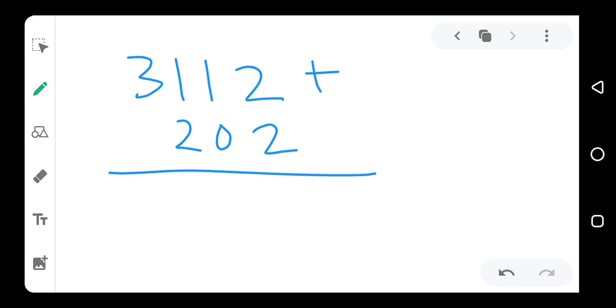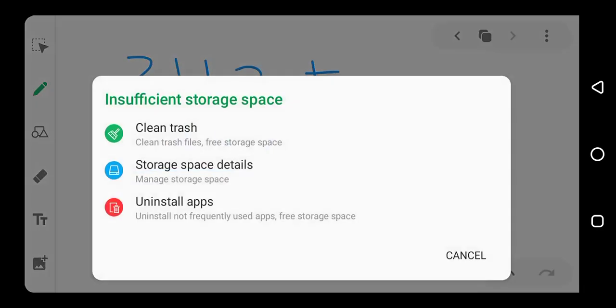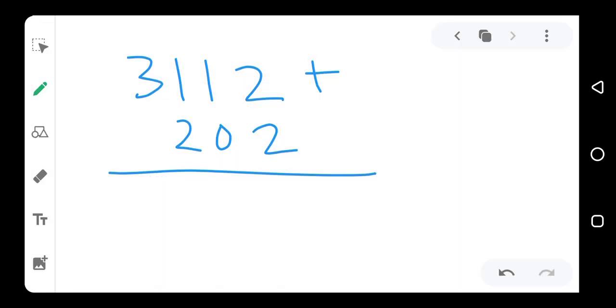Any base you are working with, you can't have a number that is equal to that base. So the highest figure you are going to have is 1 less than the base you are working with. If you are working with base 4, the highest number that will be in base 4 is 3.